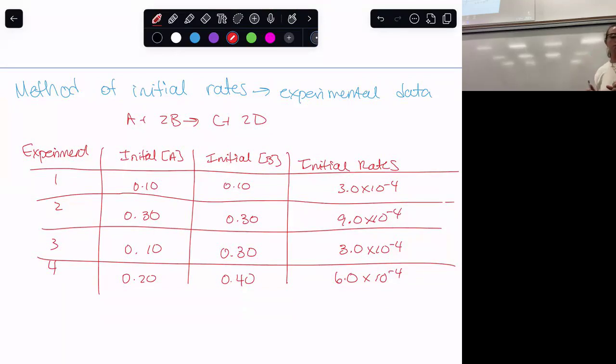Okay, so this will always come from experimental data in order to determine the rate law for this reaction.